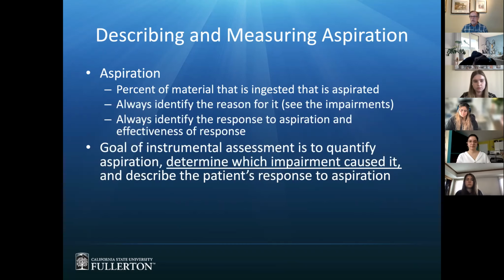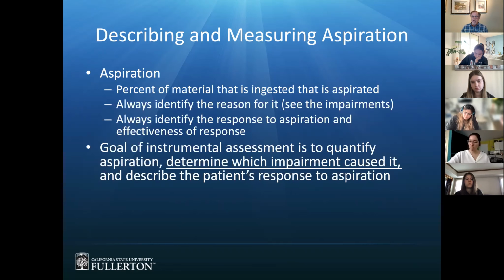The other thing to keep in mind is, even if you spend all that time quantifying aspiration to that degree, it's not really accurate, because you're quantifying 2-dimensionally on a video screen, but the structure is 3-dimensional. So you're missing quite a bit of information. So impressionistic estimation of how much was aspirated is generally, I would say, good enough.